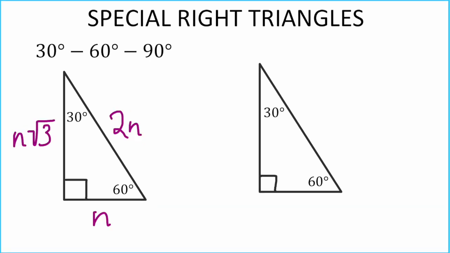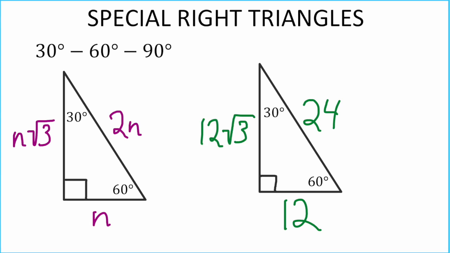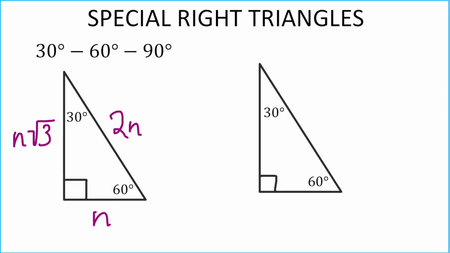What if I tell you the short leg is 12? Then that means the hypotenuse would be double that, 2 times n, it would be 24. And our long leg would be 12 radical 3, because we're going n radical 3 to get the long leg. All right, let's try another one.